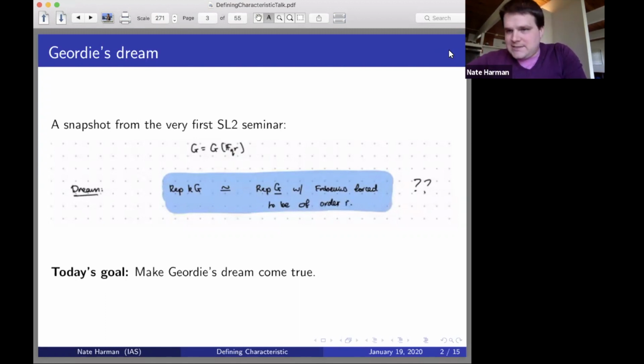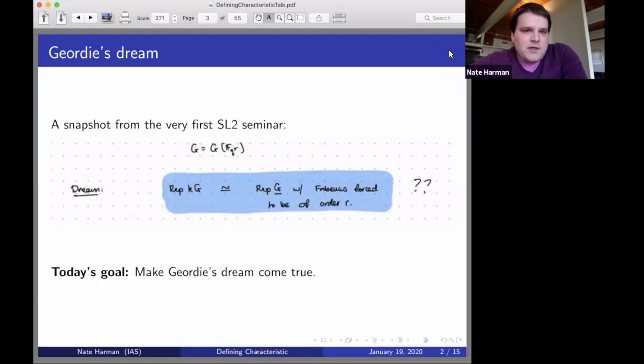So the guiding idea is to explain what it means to force the Frobenius, or a power of the Frobenius, to act trivially, to act by the identity.